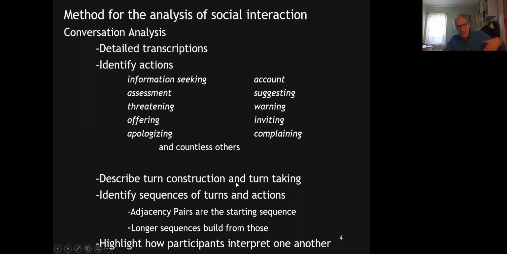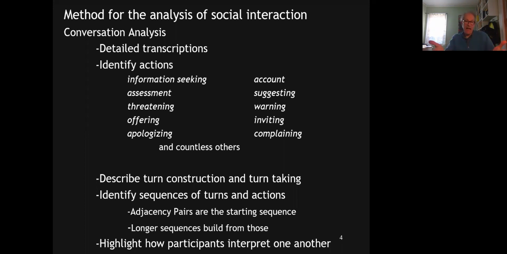So you try to get the participants' perspective by describing the turn construction, like, okay, there are two clauses in there, and there's some hesitation or pause, there's laughter, rising intonation at the end. That's all important to understanding what kind of action is being done. It helps you make your case.